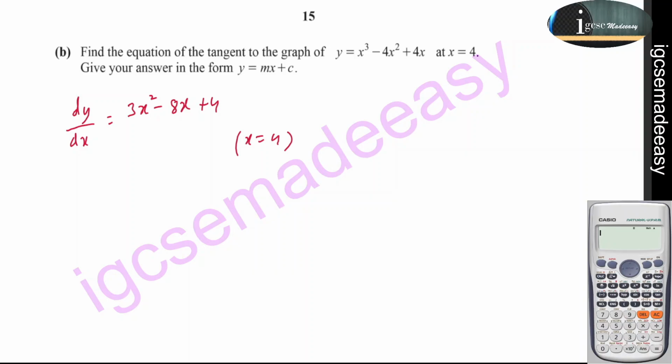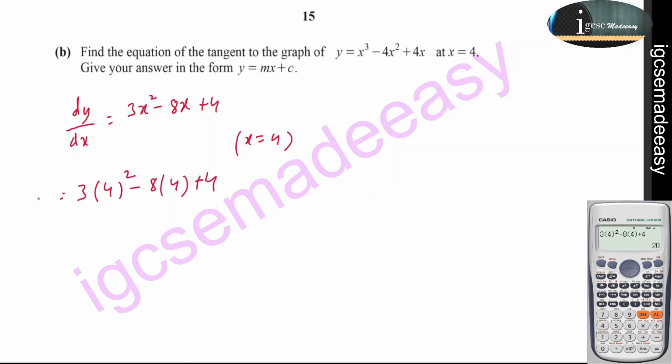If I put the value of x as 4, this will become 3 times 4 square minus 8 into 4 plus 4. So let's use a calculator. 3 times 4 square minus 8 times 4 plus 4, that gives you 20.